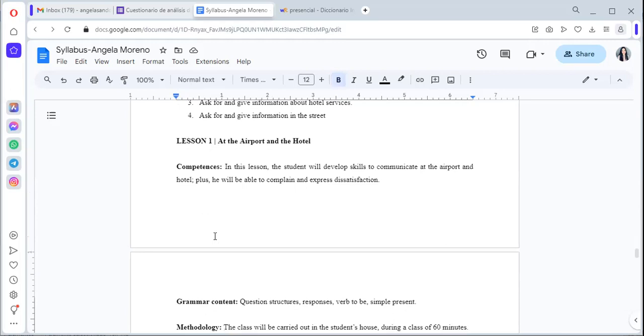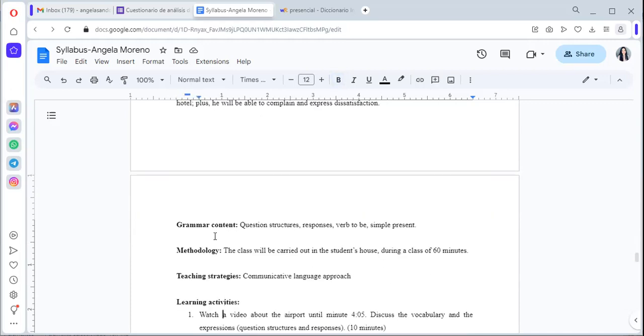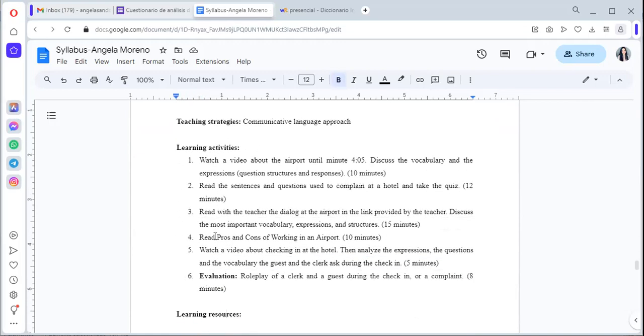In Lesson 1, the student will develop skills to communicate at the airport and hotel. Plus, he will be able to complain and express dissatisfaction. Now, in the learning activities, we have 6.